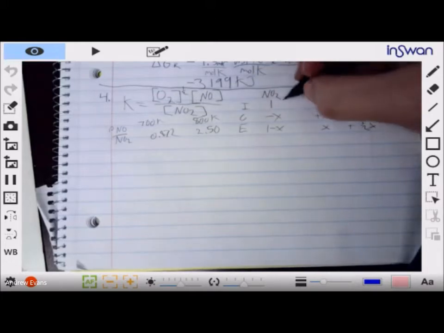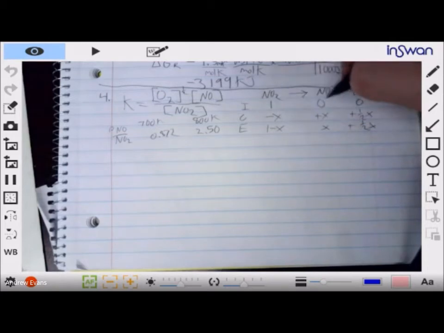However, we do have everything we need to find all the relative values, because we can set up an ICE table. At an initial point, NO2 is 1 mole. At an initial point, the products are 0 moles.